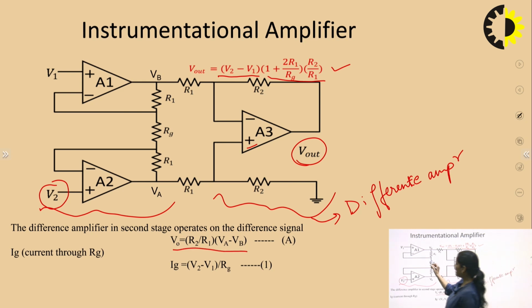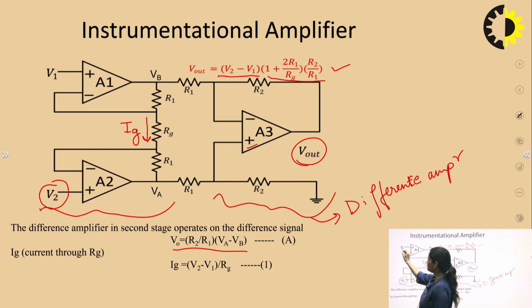Now we have to find the current across this terminal. Let us consider this is IG. You can see in the circuit diagram this is a non-inverting amplifier. This terminal is V1, and this one is also V1 due to the short circuit, the virtual ground concept.